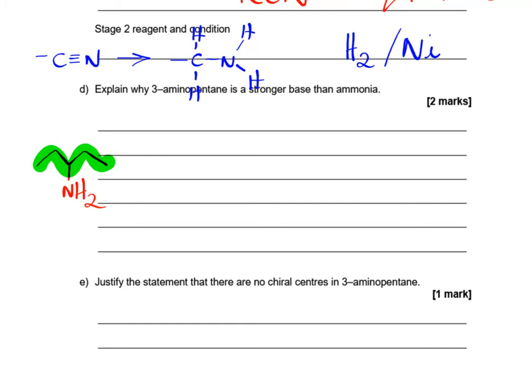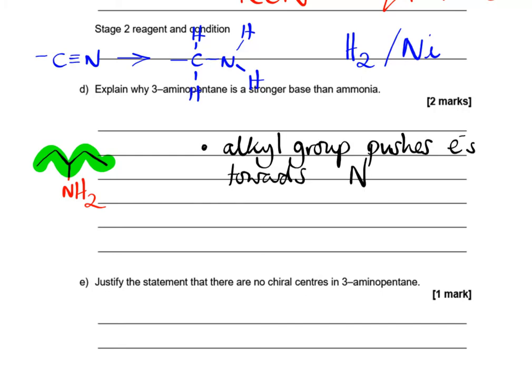So what are the scoring points here? The alkyl group pushes electrons towards the nitrogen, or you can mention the positive inductive effect, and then the lone pair on the nitrogen, we've got to talk about the nitrogen is more available, or it's better at accepting protons, either of those things.